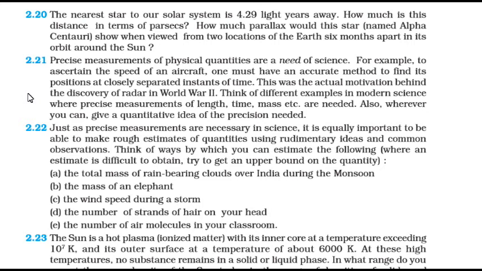This was actually the motivation behind the discovery of radar in World War II. Think of different examples in modern science where precise measurements of length, time, mass, etc. are needed. Wherever you can, give a quantitative idea of the precision needed.